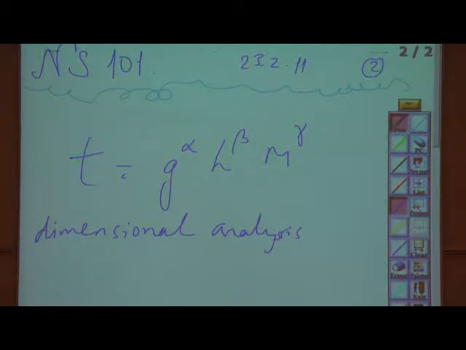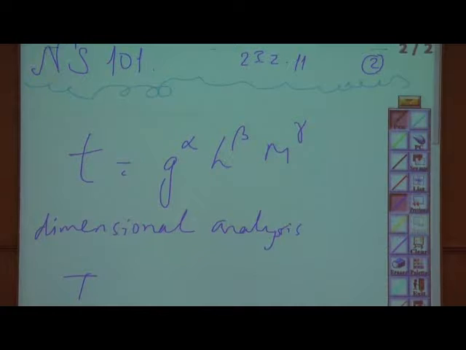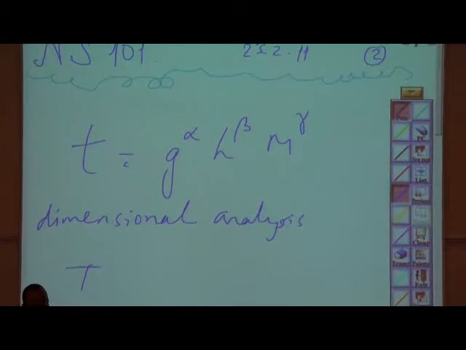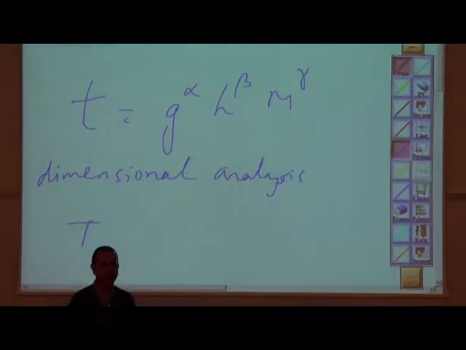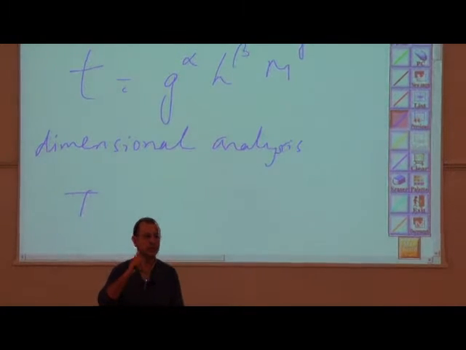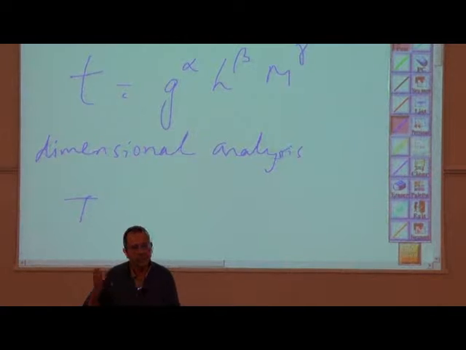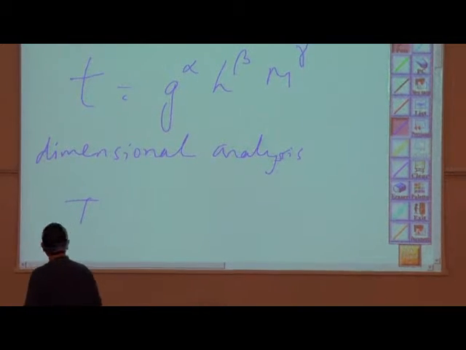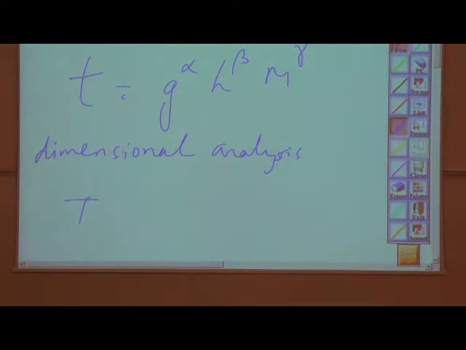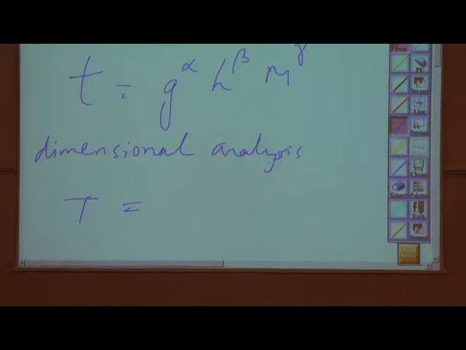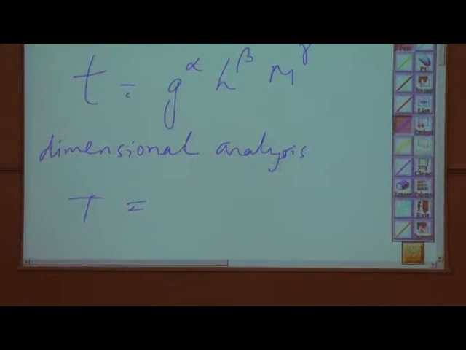The dimension of t is just time. You could say t, but when I talk about dimensions, I usually will use capital letters. So T will be equal to, now what is the dimension of g? g is an acceleration.